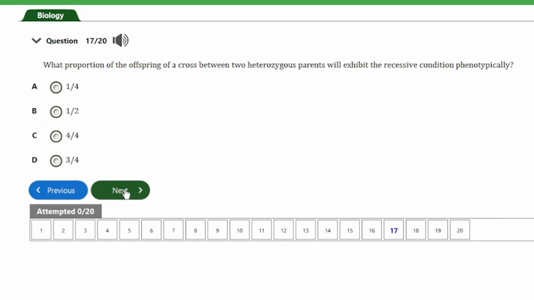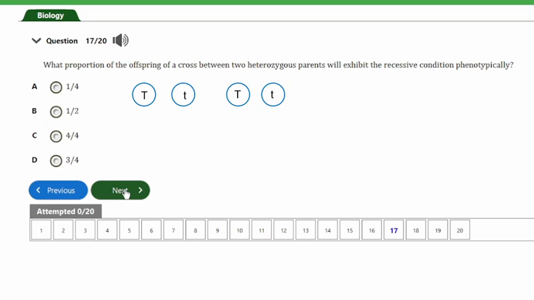So guys, if we make a cross between two heterozygous parents, let's just use the allele for tallness here. Heterozygous means the alleles are not the same. So let's say capital T and small t, capital T and small t.